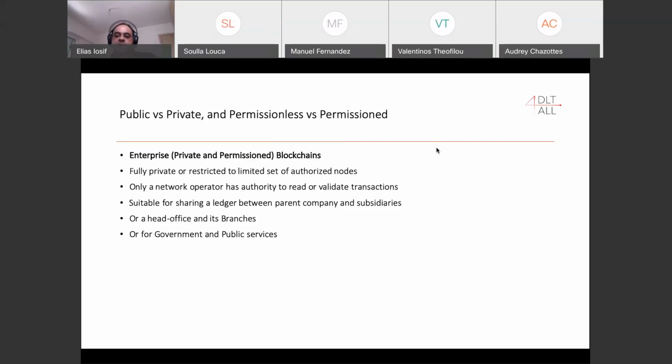This thorough discussion will guide you about which blockchain type is the appropriate one for your use case.